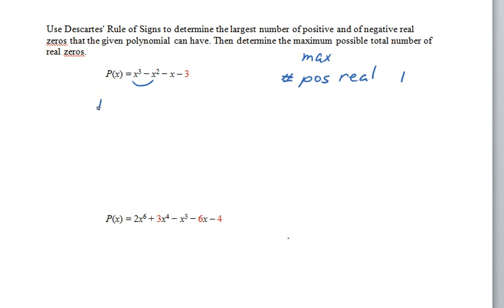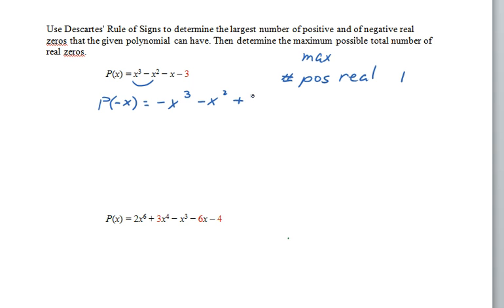When we look at p of the opposite of x, we're going to have a sign change in the coefficient of each term with an odd power. So x to the third will be preceded by a negative 1. We'll still have minus x squared.